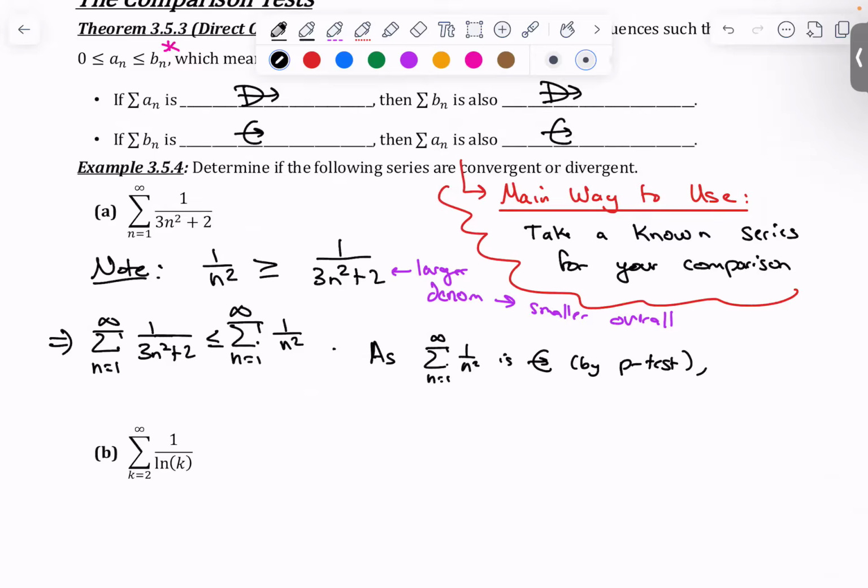You don't need to write the by p-test. That is a known fact while we're proving this problem, but it doesn't hurt to write.